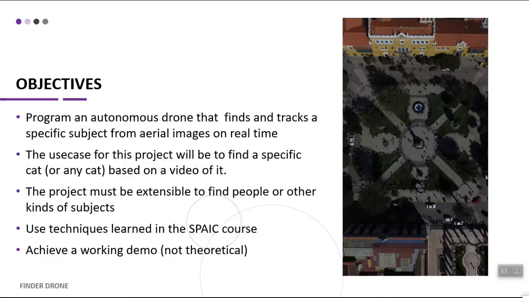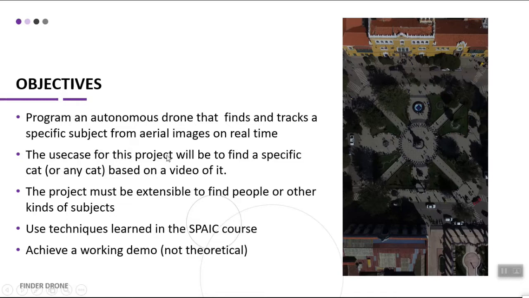Okay, the objectives for this project are to program an autonomous drone that finds and tracks a specific subject from aerial images in real time. So that a drone captures aerial images like this. Well, this is from a professional drone, not the one I got, but here you can search for many things.